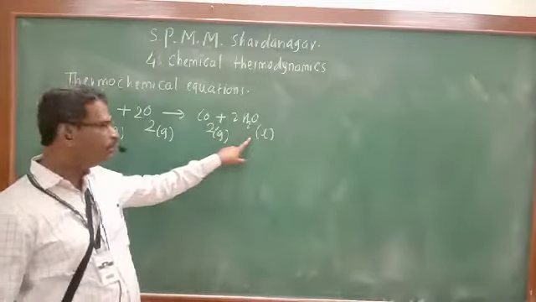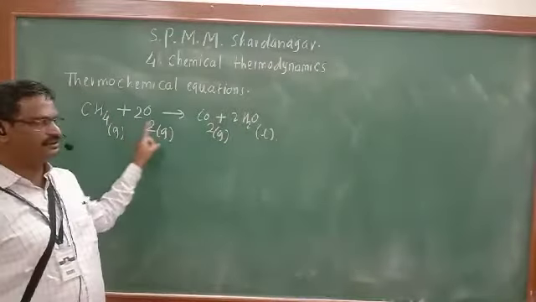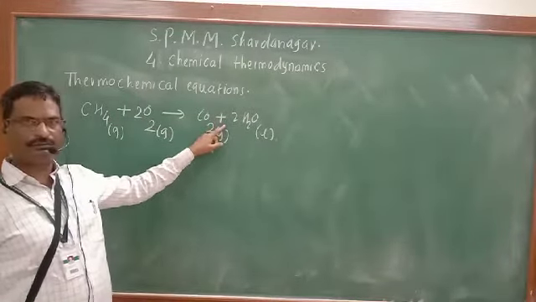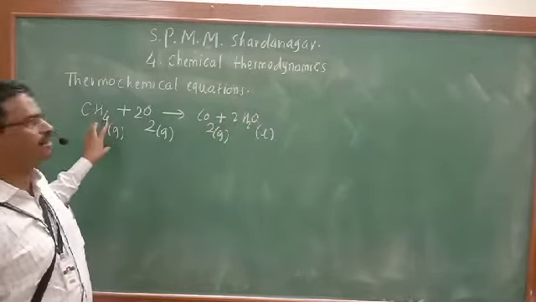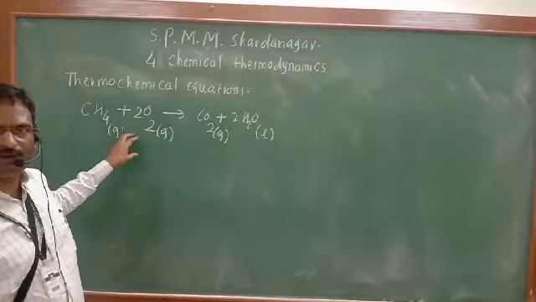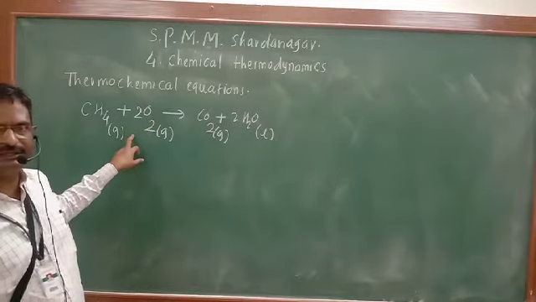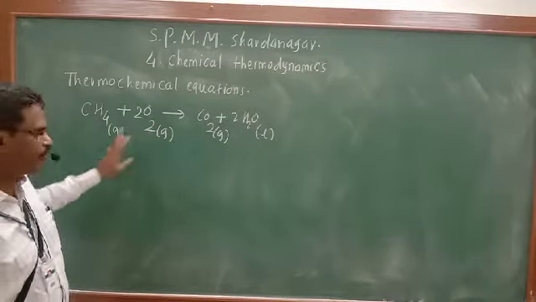Now here we know the states of reactant as well as states of the product. And this type of equation where states of reactant and states of product are properly mentioned is a thermochemical equation.